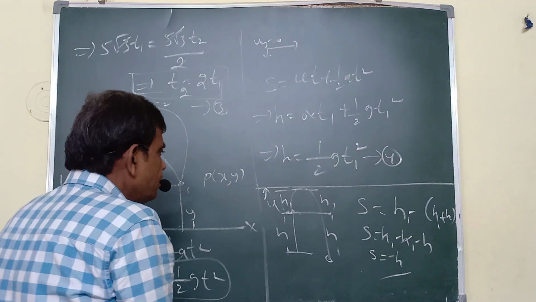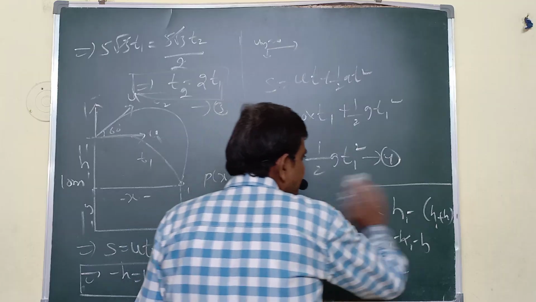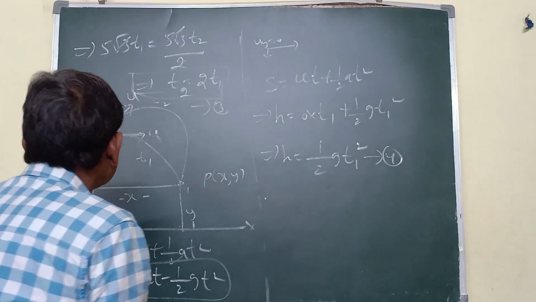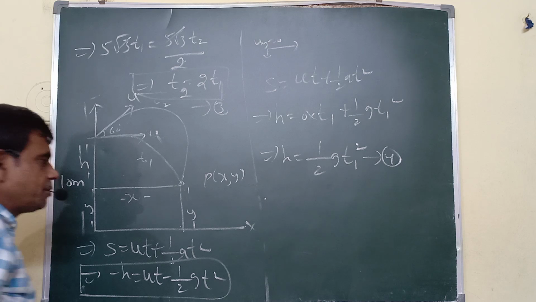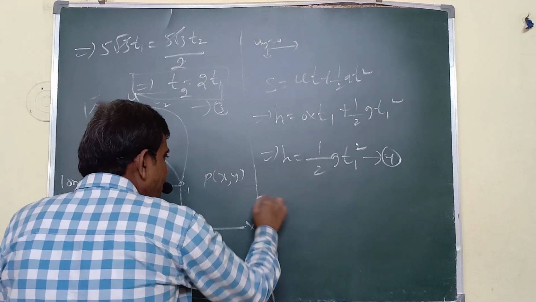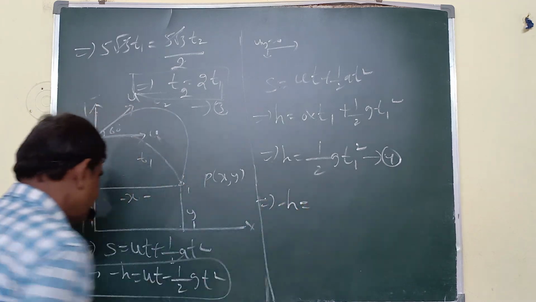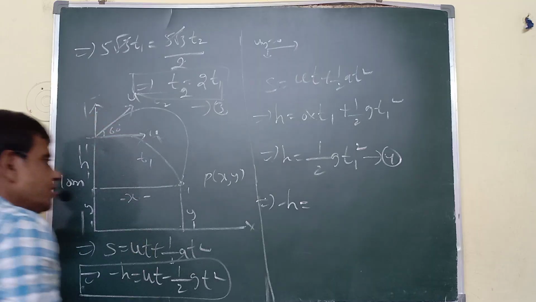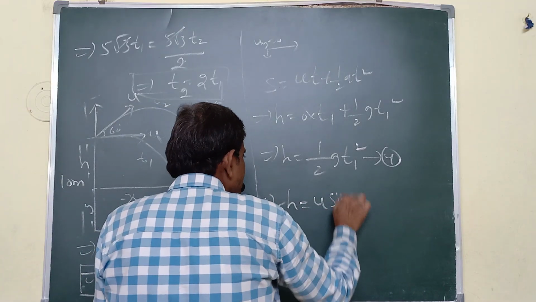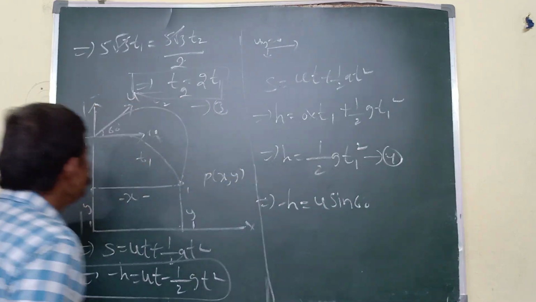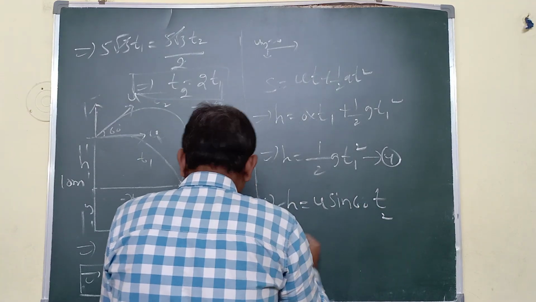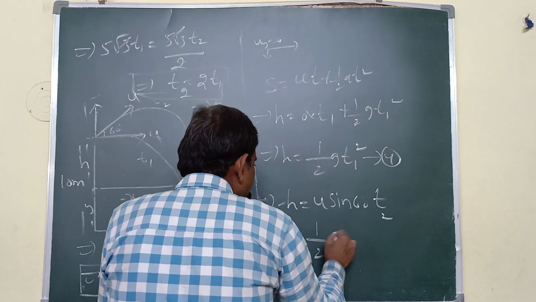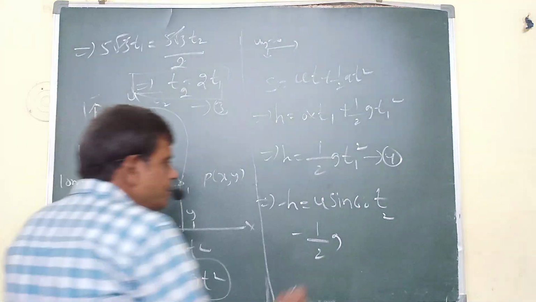You apply. Then what happens in the second case? Apply here. What is this? U sin 60. What am I taking? U sin 60. So what am I writing? Minus h equals u sin 60 into the time T2, ut minus half g as it is, t meaning T2 square.